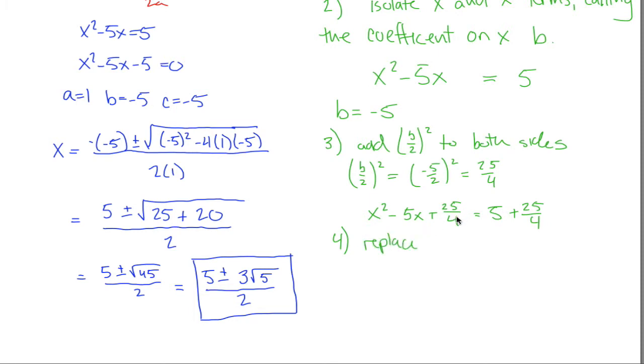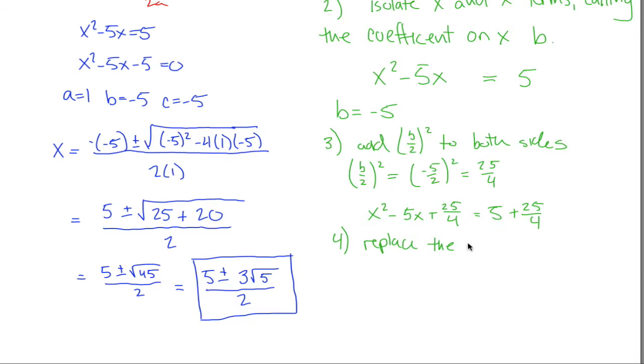By adding 25/4 to the left, what I'm left with over here is a perfect square. X squared minus 5x plus 25/4 is a perfect square. It's x plus something squared. Replace the perfect square. Let me reword this so it's more obvious.